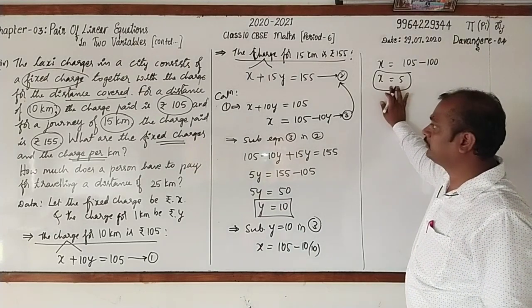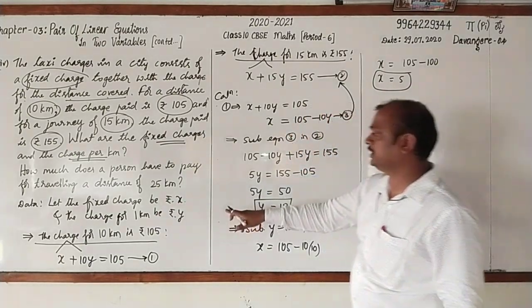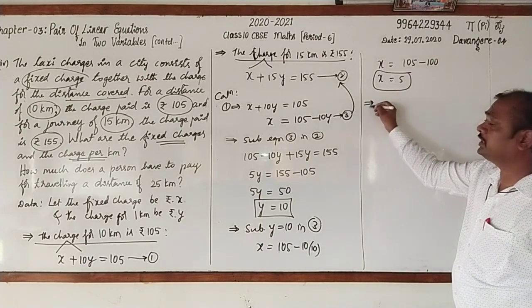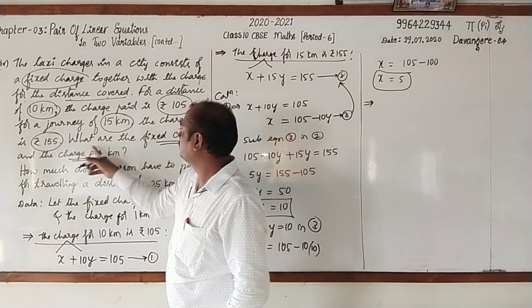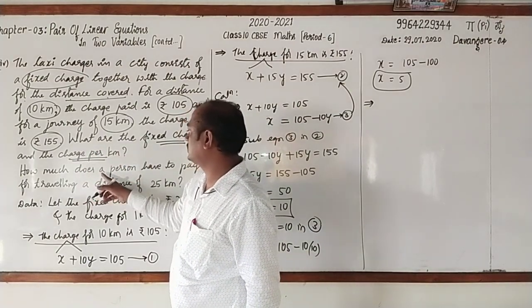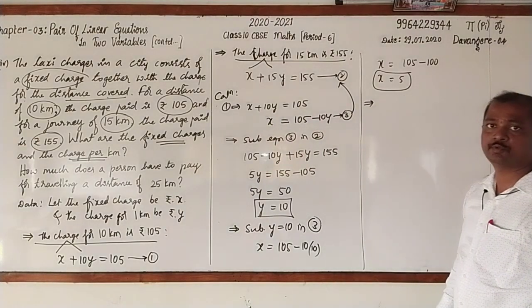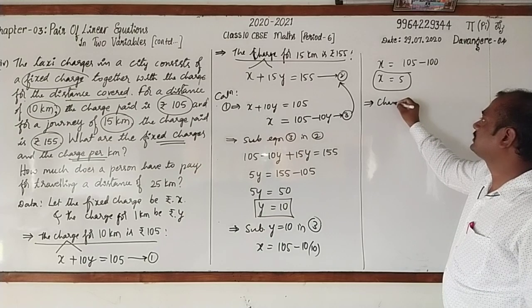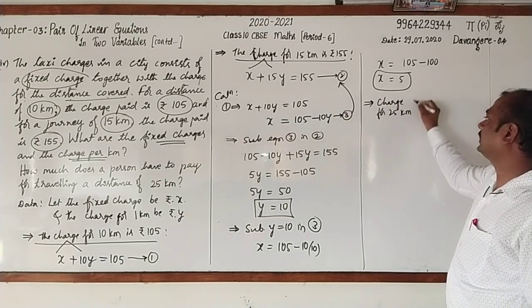Now see that X is the fixed charge and Y is the charge for 1 kilometer. In addition, they've asked to find out how much a person has to pay for traveling a distance of 25 kilometers. Then I'll write the charge for 25 kilometers.